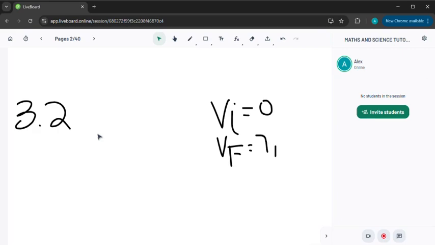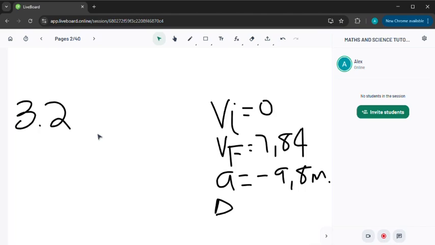Then what is our acceleration? That is negative 9.8 meters per second squared, because it's going downwards, right? And then what are we looking for? We are looking for delta x. We also have delta t, which is 0.8 seconds.